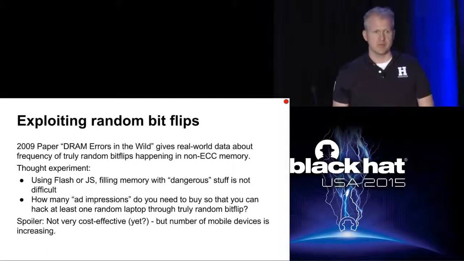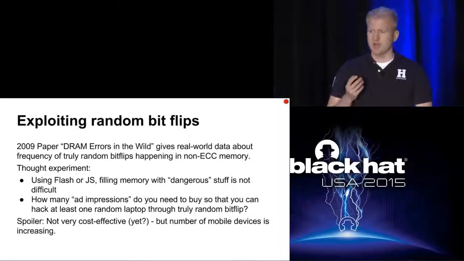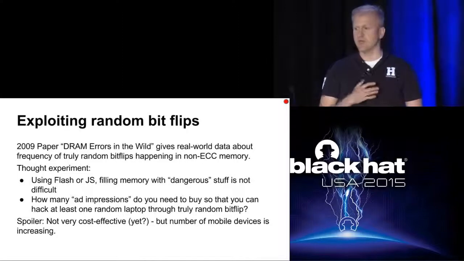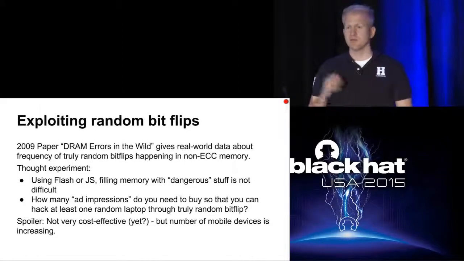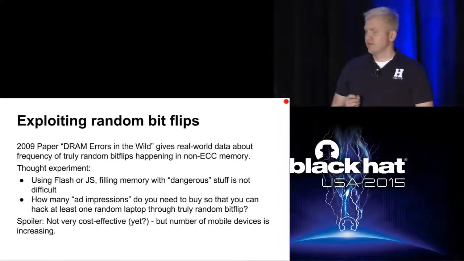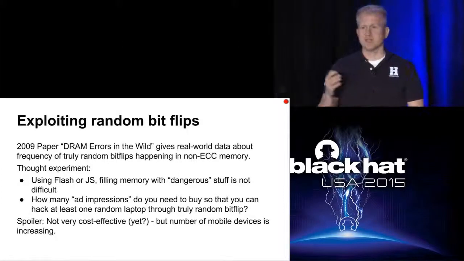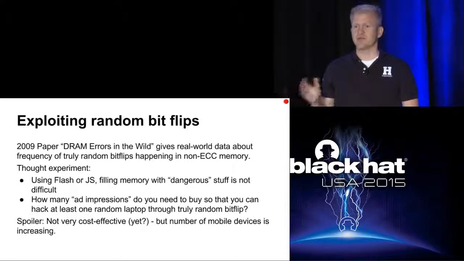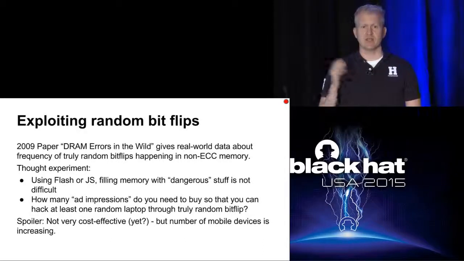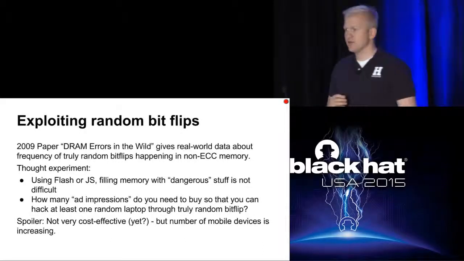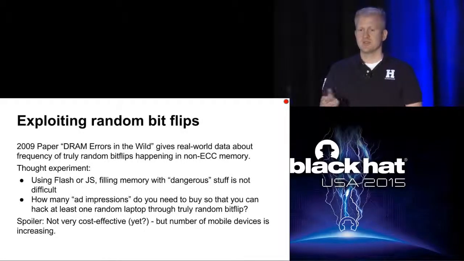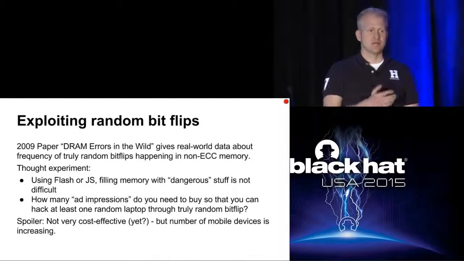There was a paper in 2009 published by Google, actually, that examined the prevalence of truly random bit flips in the big server fleet that Google has, because Google is monitoring these things. And it was really quite interesting because you had quantitative numbers in terms of how often does a bit just flip randomly in DRAM without any interaction. And that leads to a fairly interesting thought experiment, because these days you can buy ad impressions, and these ad impressions allow you to run JavaScript or Flash inside of somebody else's computer.